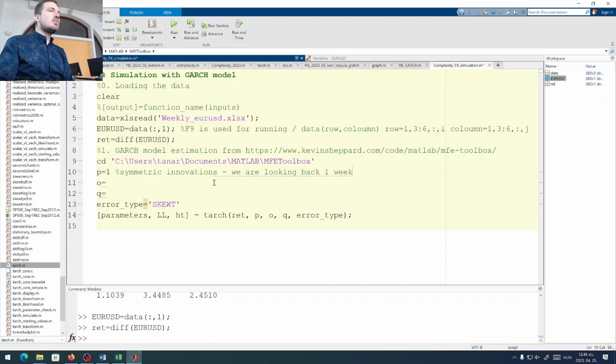So let's look back for 1 week on the data. Right now I don't care about the O function because it will just tell us what happens if there is a depreciation, then the volatility increases much more than when it's appreciating. But usually for euro, US dollar, it doesn't behave like that. So it can give us an error.